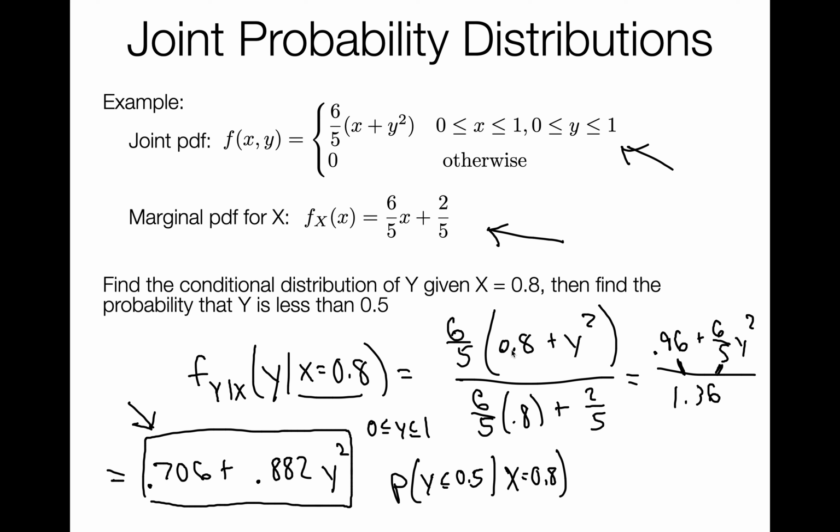And so like any other distribution that we've worked with so far, to find the probability that y is less than or equal to 0.5, I'm going to take the integral of the conditional distribution from 0 to 0.5 of 0.706 plus 0.882y squared.